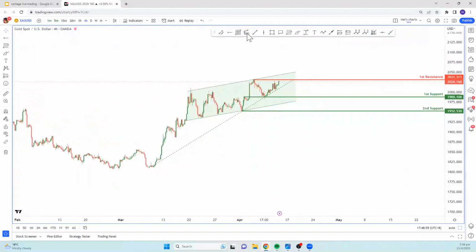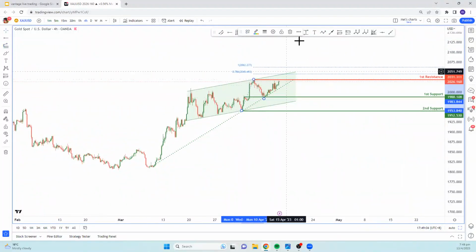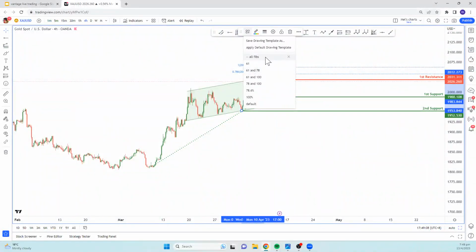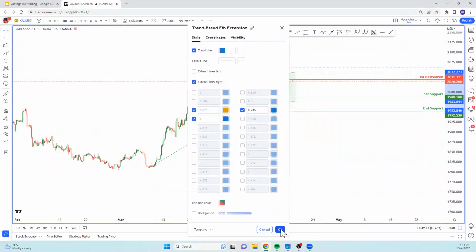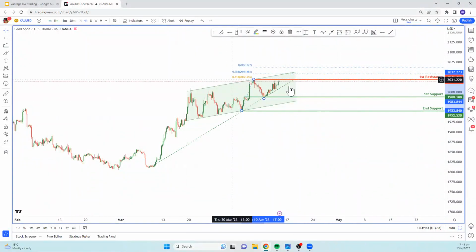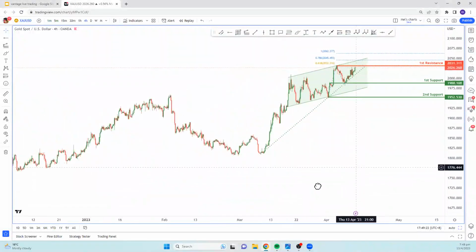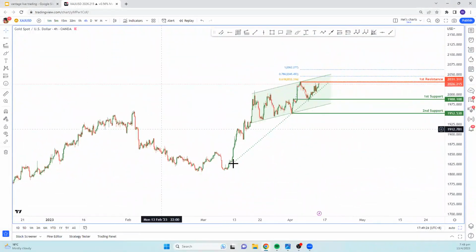Okay, so I already see over here that we have a Fibonacci projection level. And my 61.8 lines up nicely with the first resistance. Let's see if we have any other levels.